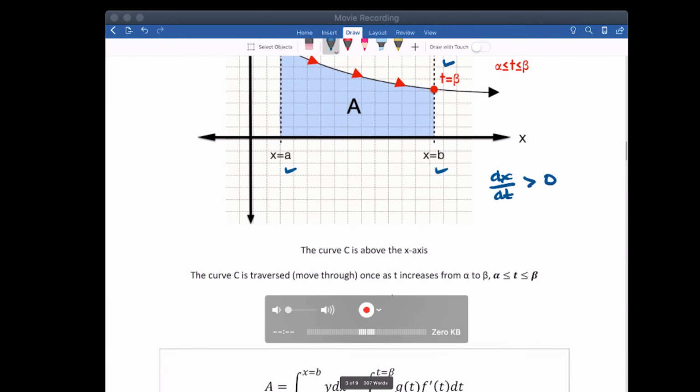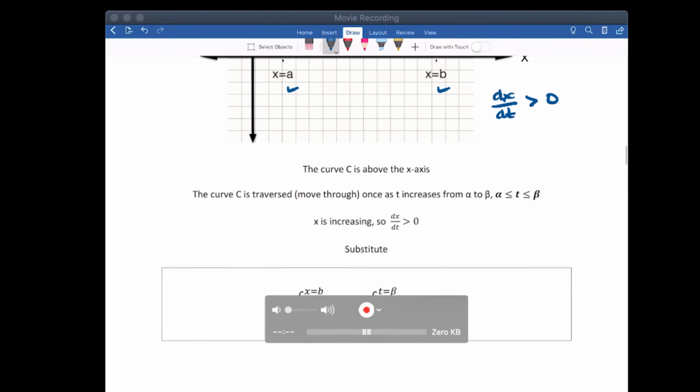Now, I wrote it down here. I say if C is above the x-axis, the curve is traversed once as t increases from alpha to beta. So you're only going through once. You're not looping. dx dt is positive. You just substitute. Okay, so you're just going to substitute here.